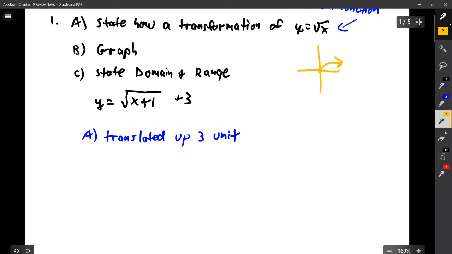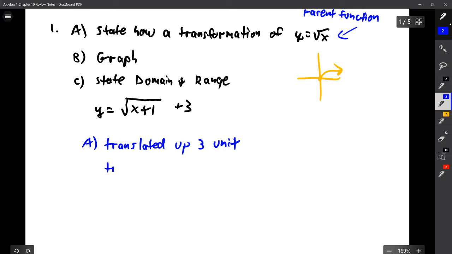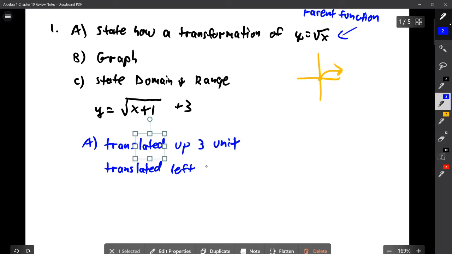And then the plus 1 inside the square root, the effect that is going to have is it will translate it, or I can say translated left 1 unit.